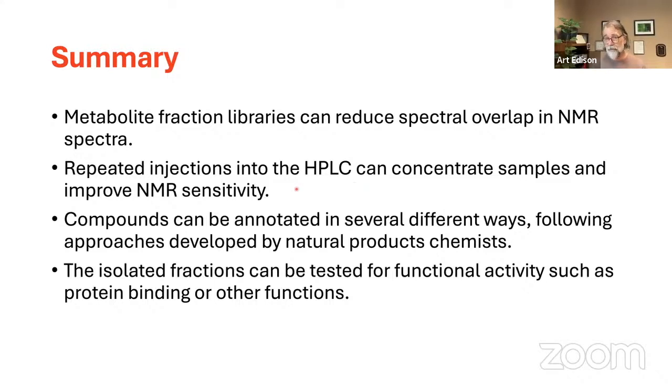So if you have a very small amount of sample but a large volume, you can just continue to do auto injection and concentration and increase the concentration of the small peak. Compounds can be annotated with several different approaches, either with natural product chemistry type approaches or database matching or a mixture of everything. Isolated fractions can be tested for functional activities such as protein binding, like I showed, or other functions.